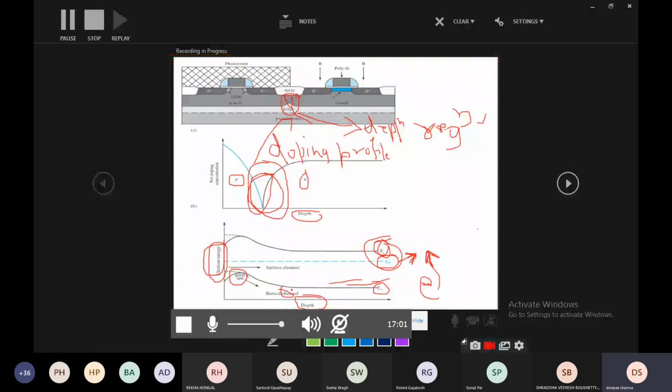When any electron jumps from valence to conduction, then only a hole will appear. Yes or no? Yes, sir. So this graph is telling us that electrons have the probability of jumping from valence band to conduction band. Hence, there will be accumulation of holes near the valence band, right?